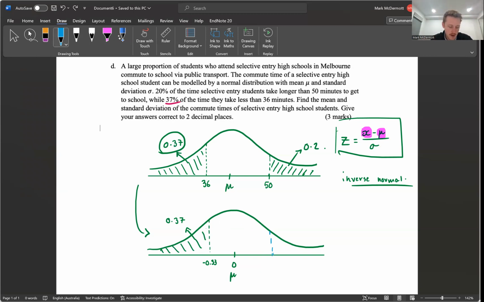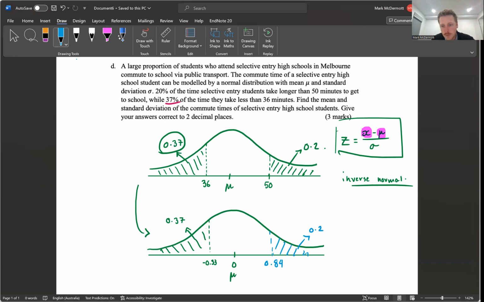So we go menu, again, probability, distributions, inverse normal. The area is 0.8. The mean and standard deviation are the same. This gives us 0.84. So that is equivalent to 0.2, which has an area of 0.2 above it.